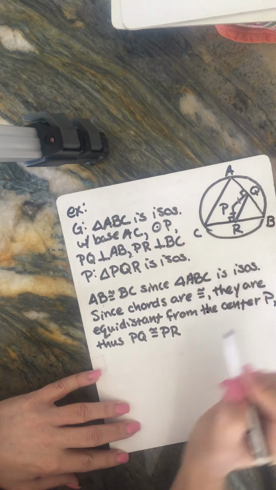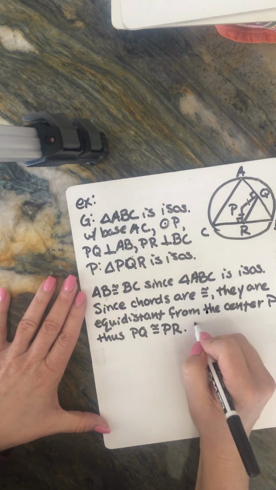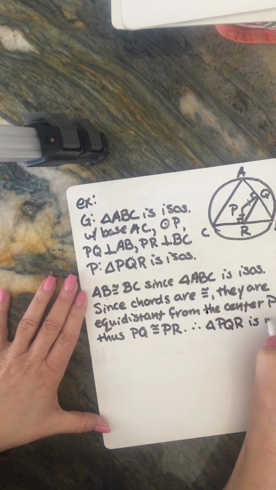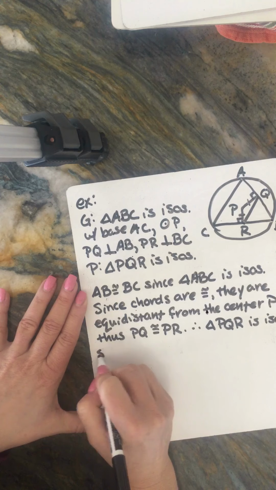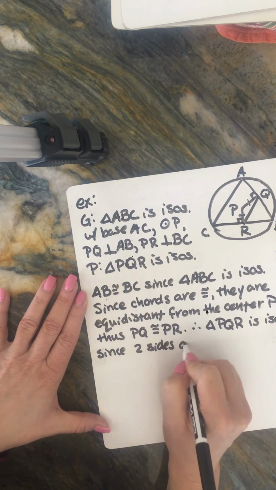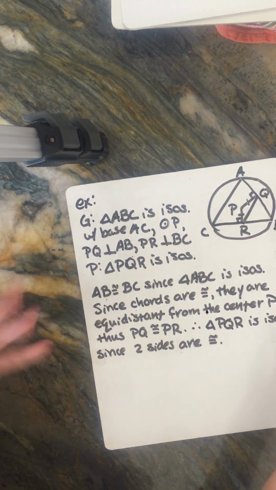So that's congruent to that. Well, hey, we've got an isosceles triangle then. Therefore, triangle PQR is isosceles since two sides are congruent. And there we go. Not a problem.